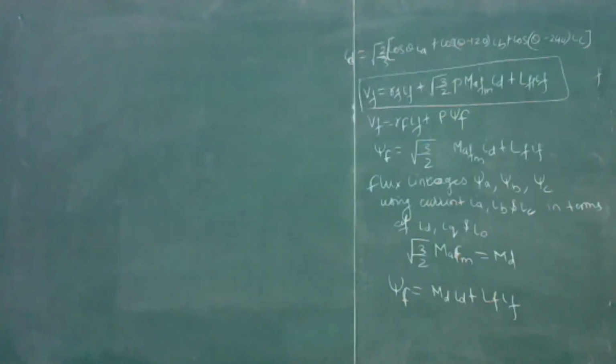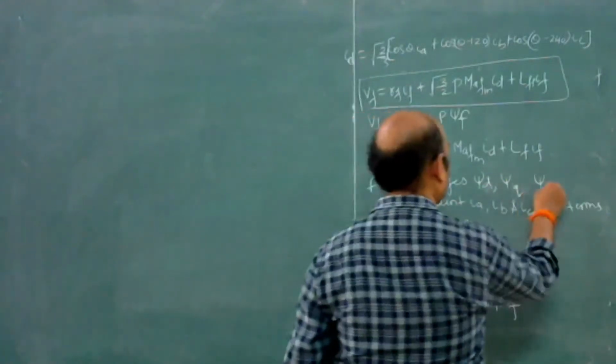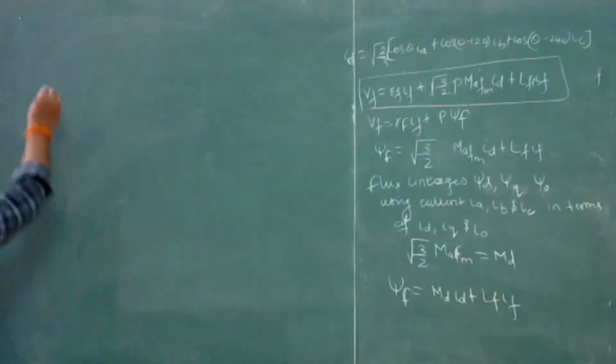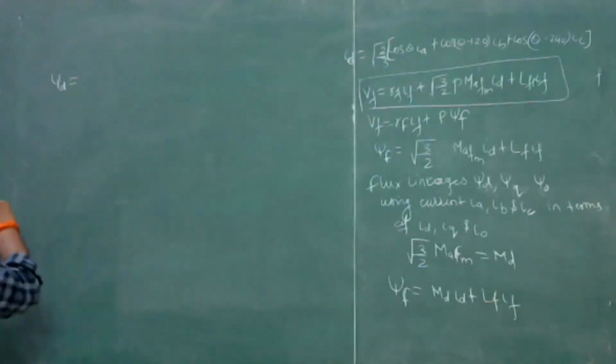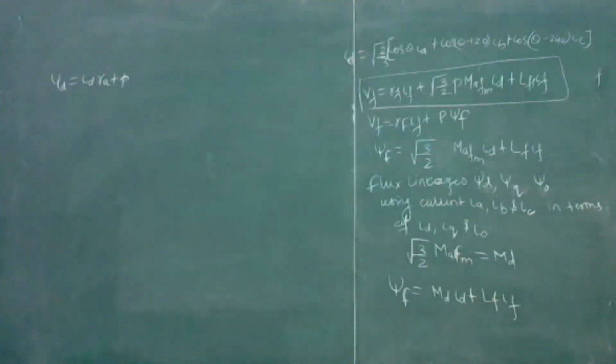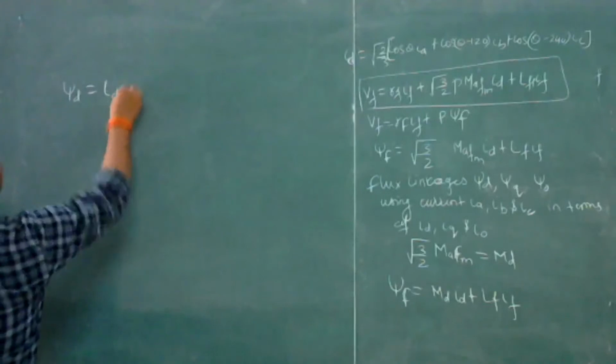So we can write phi D, phi Q, and phi X. So phi D will be equal to ID into RA plus psi. Psi D is equal to LD ID, like this.